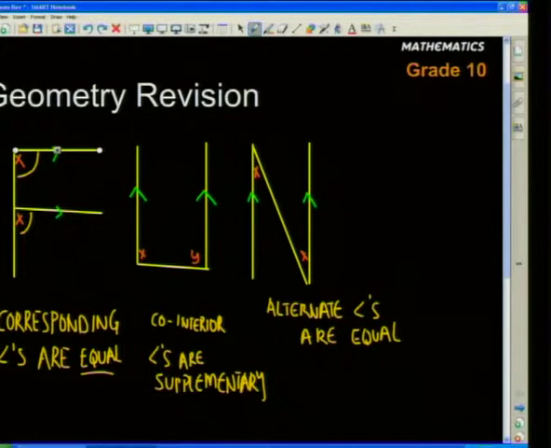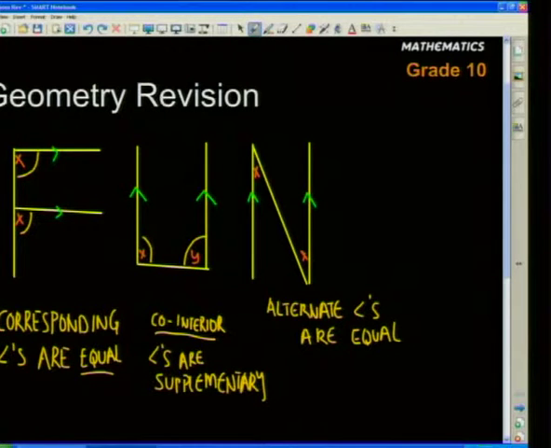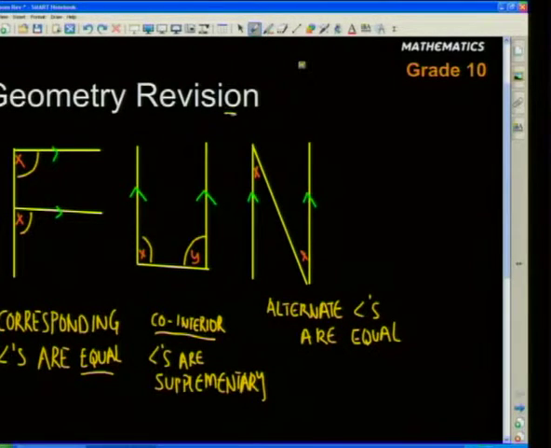The next shape that we get when we get parallel lines cutting a transversal is co-interior angles. Co-interior, what does that mean? Well, obviously they are interior to each other. So if you look at these two, X and Y, they are formed on the interior sides of those parallel lines. This is a U shape, but it sometimes can be a C shape.